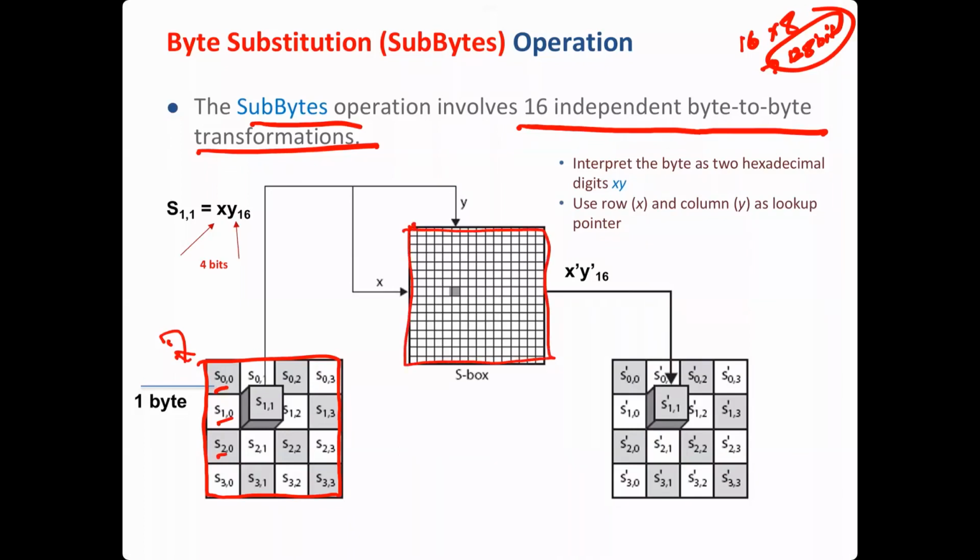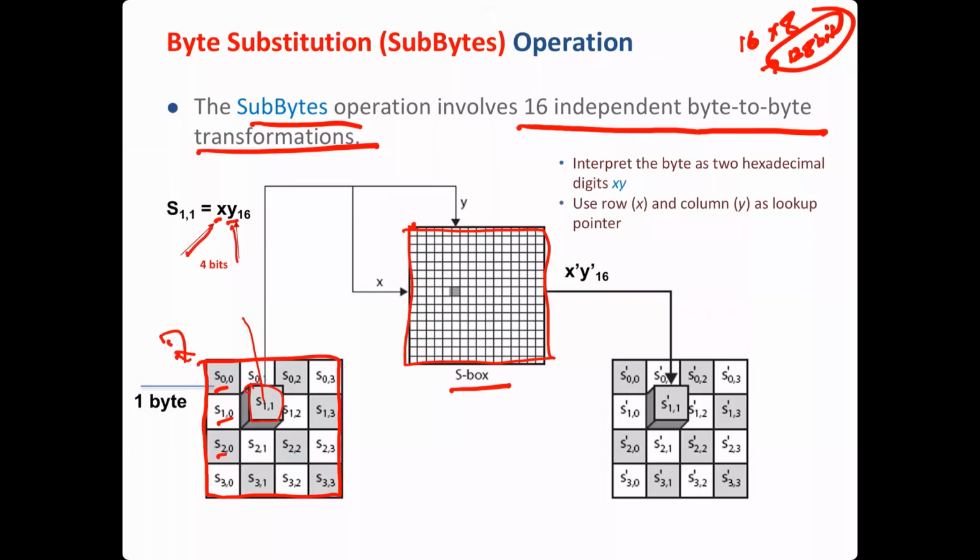This gives the transformation function. We call it the S box. Now if you have to transform one byte, for example this byte here, which is 8 bits, we can show it in hexadecimal as X, Y. X is the first 4 bits, Y is the next 4 bits.